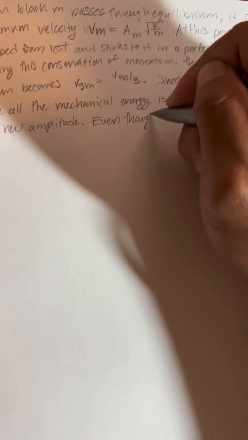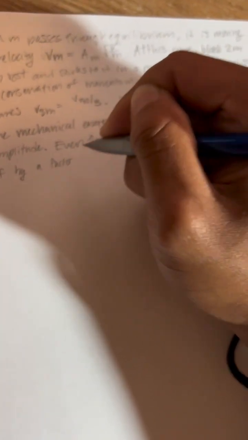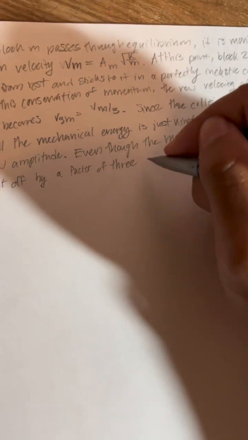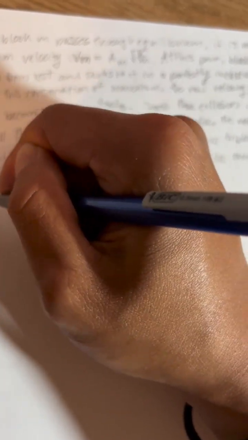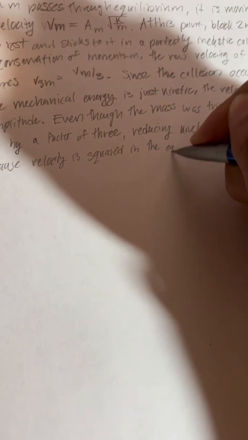Even though the mass was tripled, the velocity was cut off by a factor of 3, reducing kinetic energy by a factor of 9, because velocity is squared in the equation 1/2 mv squared.